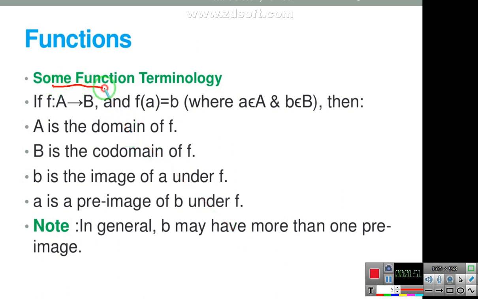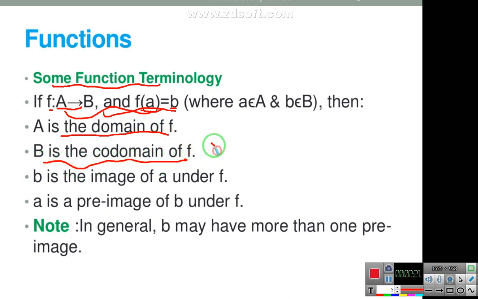Some function terminology: a function f from A to B. It means f: A to B, where a belongs to A, b belongs to B. Now keep in mind, inside a function this set A is the domain of the function, B is the codomain of the function.